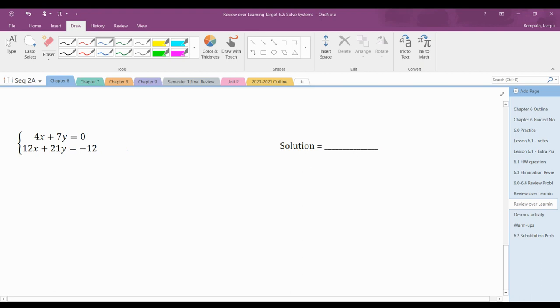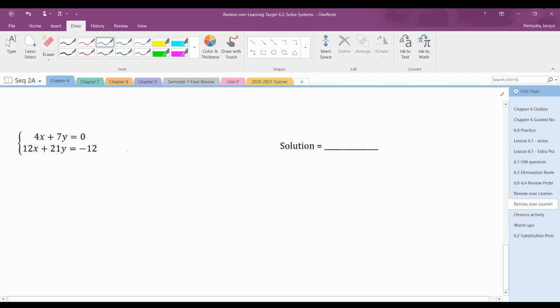So this is where we have to try to manipulate an equation by multiplying the entire equation by a number in order to eliminate. So notice that if I look at the x's, 4 is smaller than 12. So I want to try to ask myself, can I multiply 4 times something to get 12?